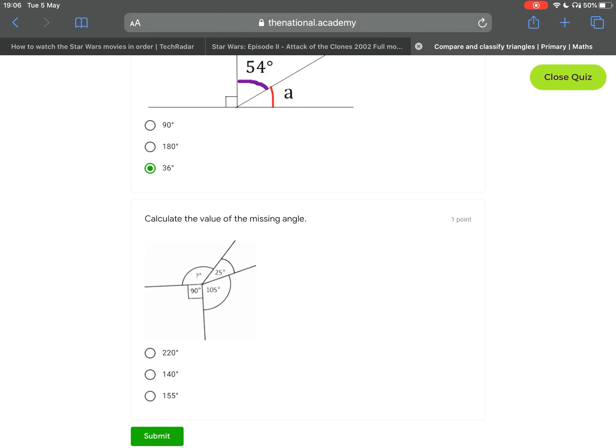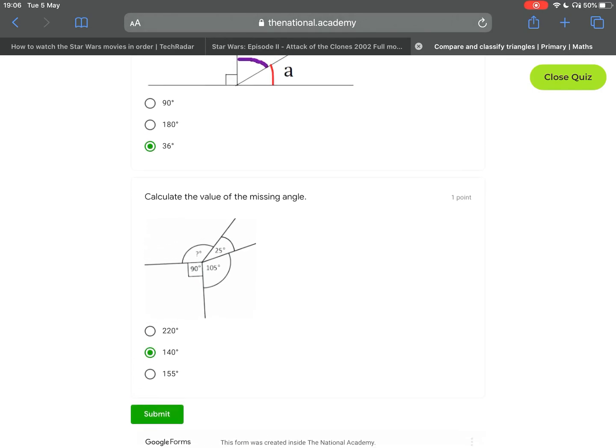So 25 and 100 is 130... 130 and 90 is 220. So what do you need to add to 220 to make 360? That would be 140.